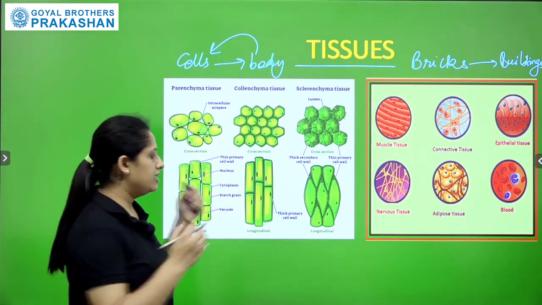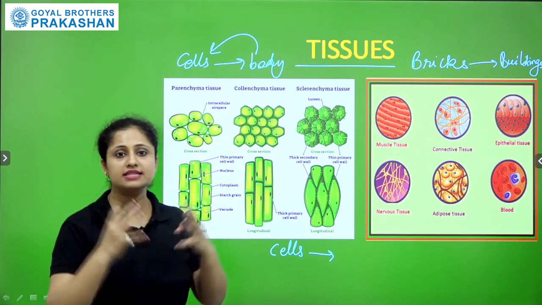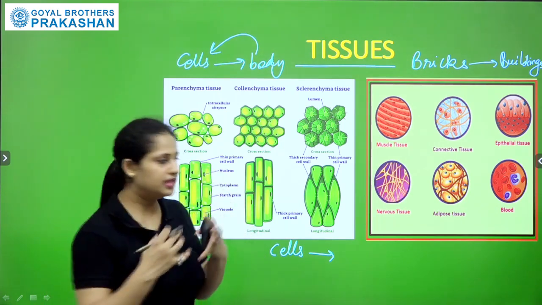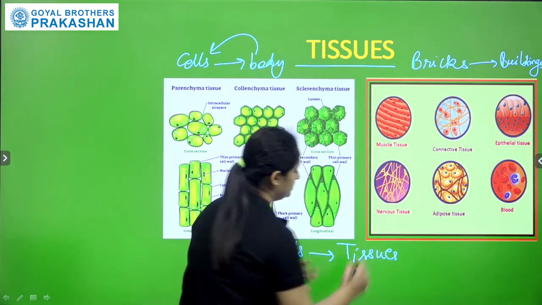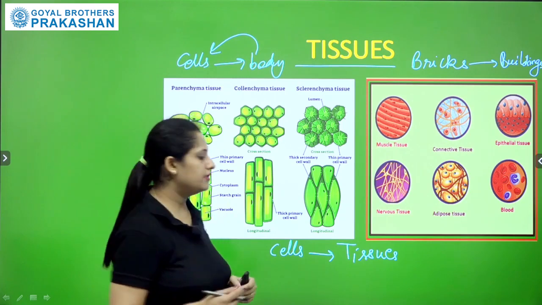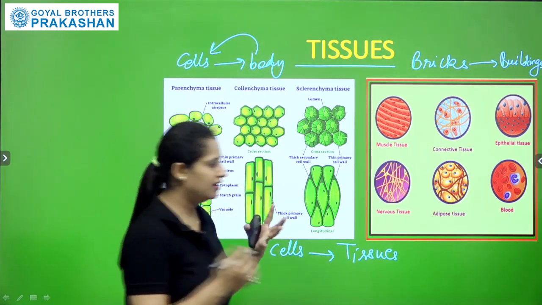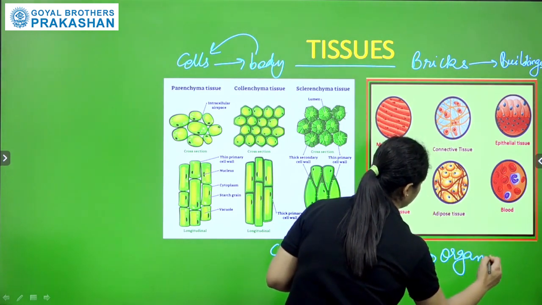Now, when the cells aggregate, it means when the cells combine together, they form tissues. This is what we are about to learn in this chapter. And when tissues unite together, they form an organ.